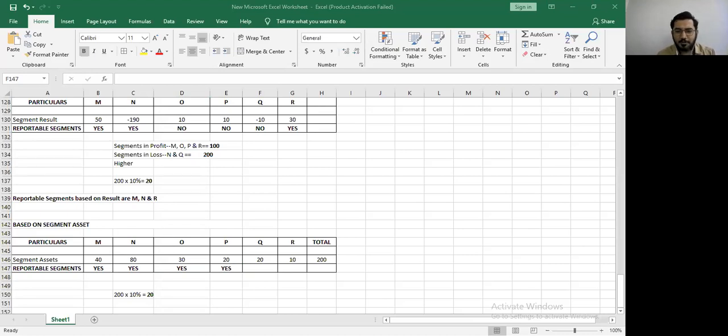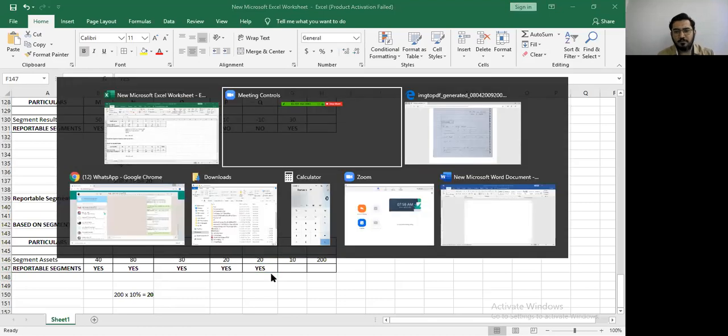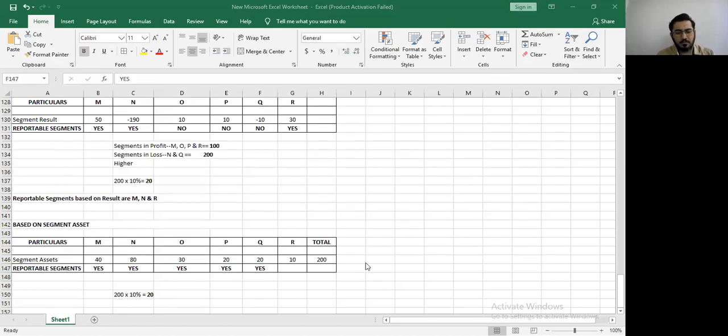What about segment Q? Yes, of course, it is reportable. And finally, segment R. Is segment R reportable in this case? Not reportable.